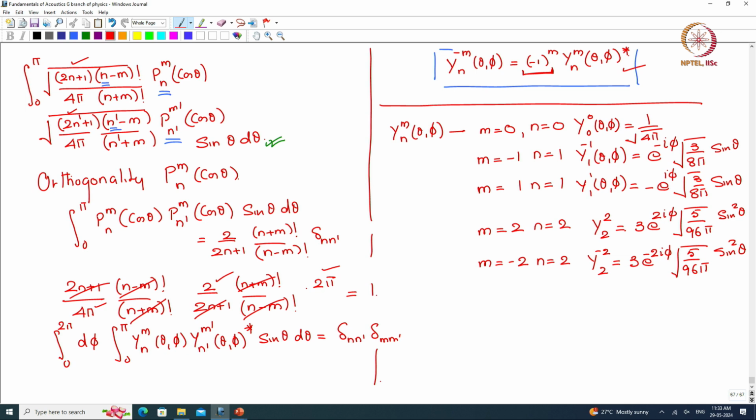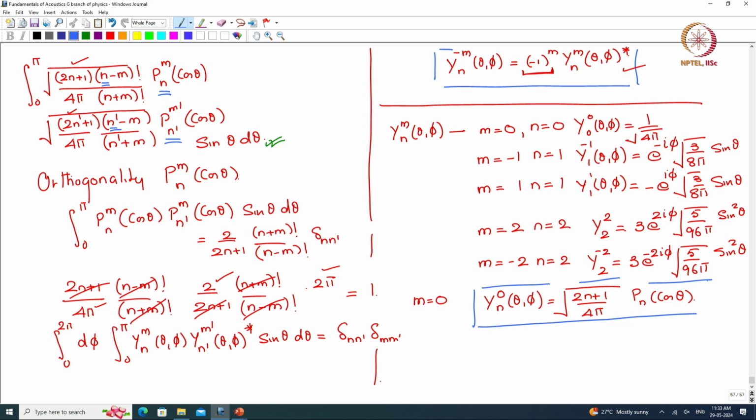Okay, and so forth. What's important is if we have m equal to 0, then Y 0 n of theta comma phi is equal to square root of 2n plus 1 by 4 pi P n cos theta. So this is also worth noting somewhere. As I said, when we go to solve problems, we will collect all of these and put them in one place.